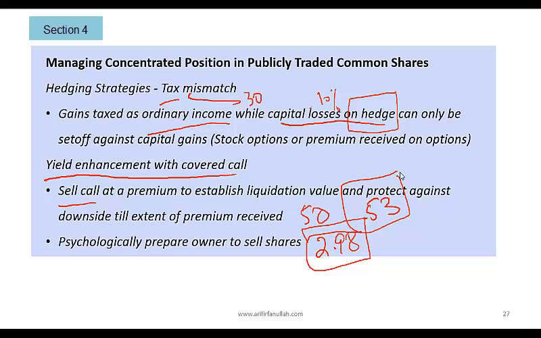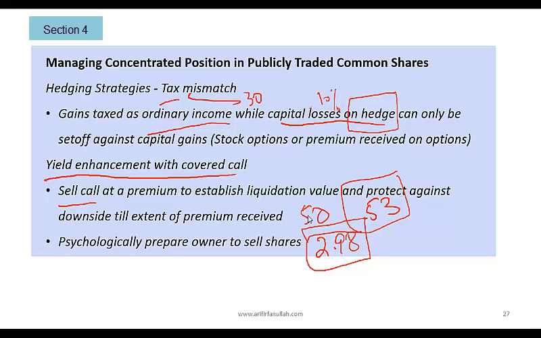So when there is a sell call, or he sold the call, he's actually mentally prepared himself to exit. And this option premium that he has received is the yield enhancement. Okay, so the 2 points here.